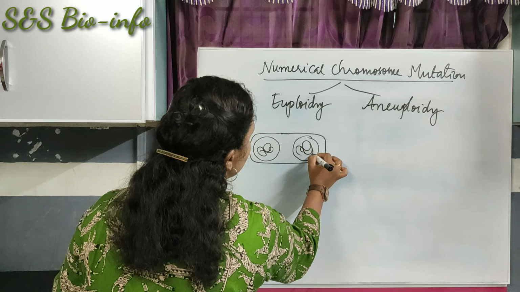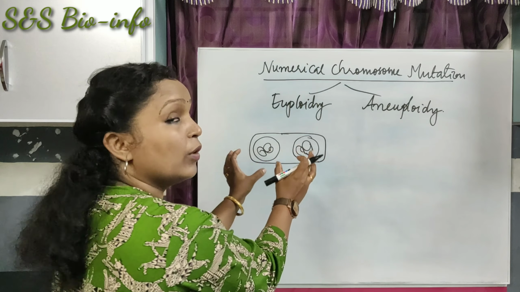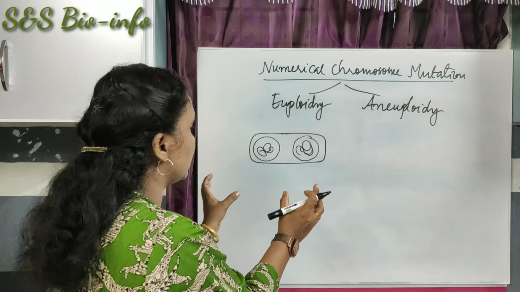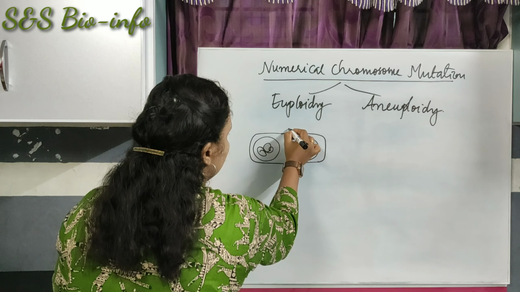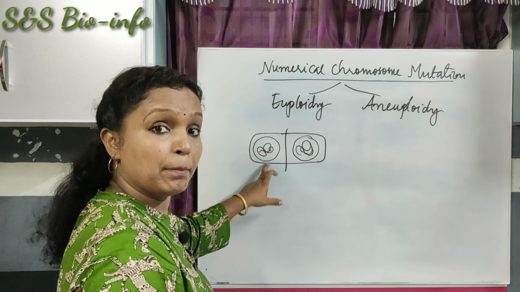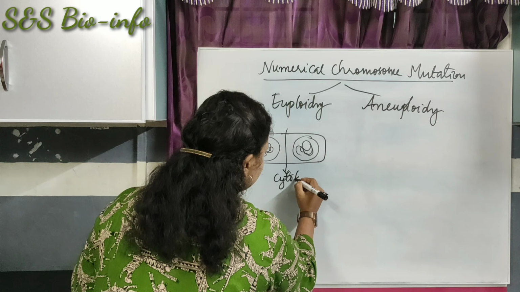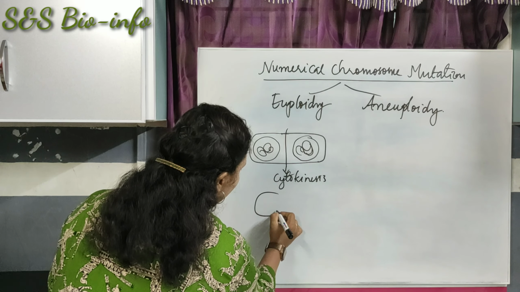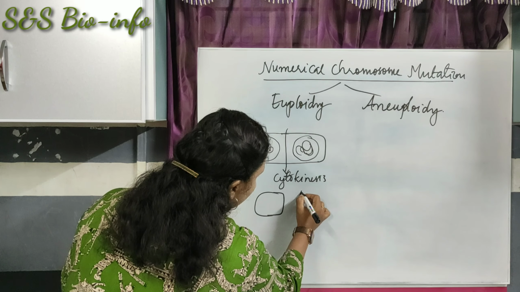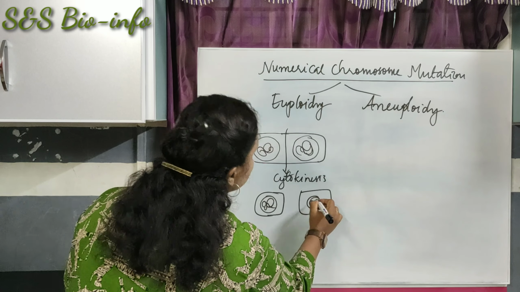That means the opposite parts of the cell will have an equal amount of genetic material. So the cytokinesis, the division of cytoplasm, must happen here. Then only it would divide into two similar cells with a similar genetic makeup.